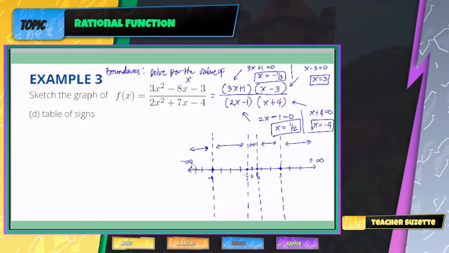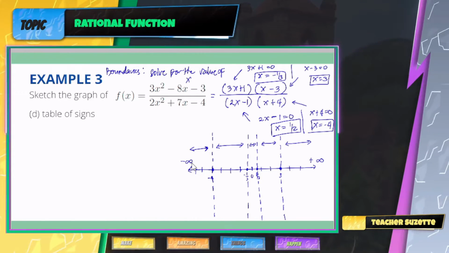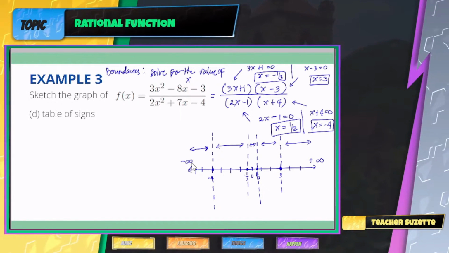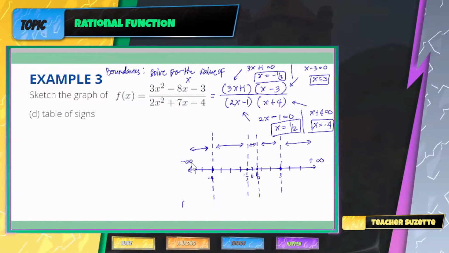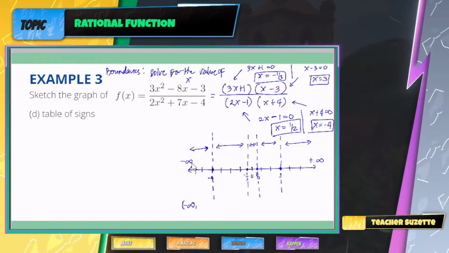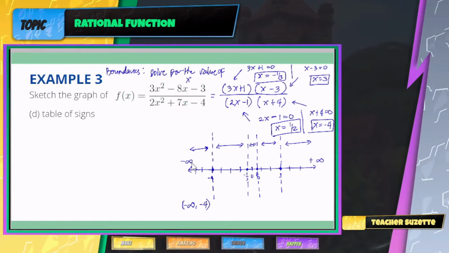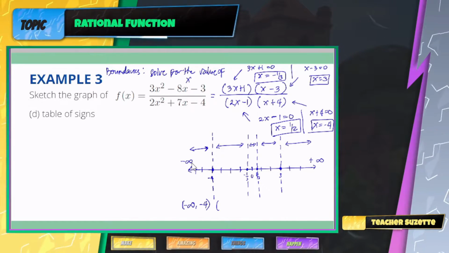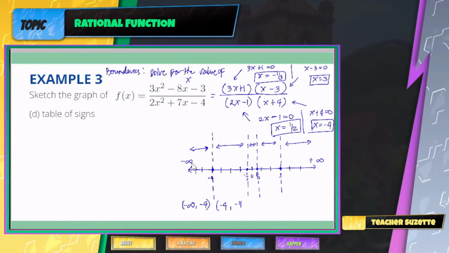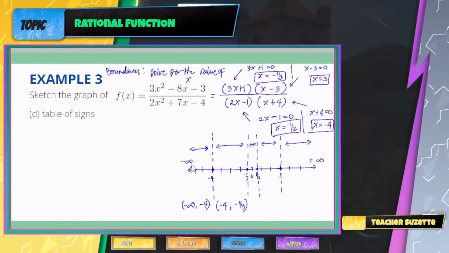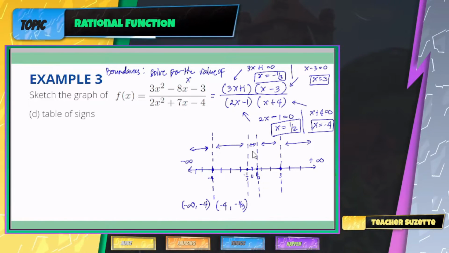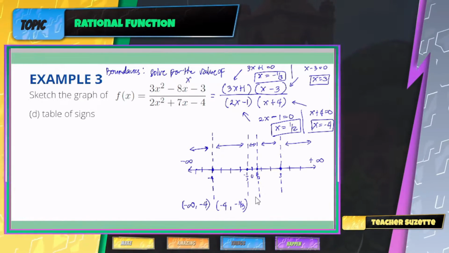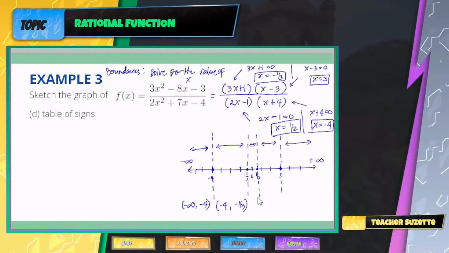So, if we assign an interval value for that, dito tayo sa baba, magiging value niyan is, start tayo sa negative infinity, negative 4. Next, union ulit yan ng negative 4, negative 1/3. We are just assigning an interval for each part na hinati ng ating boundary, no? Next one is between negative 1/3 and positive 1/2.